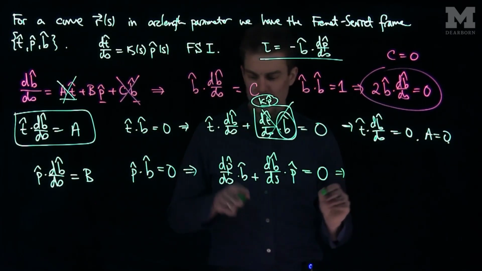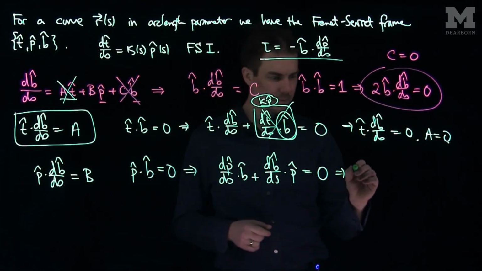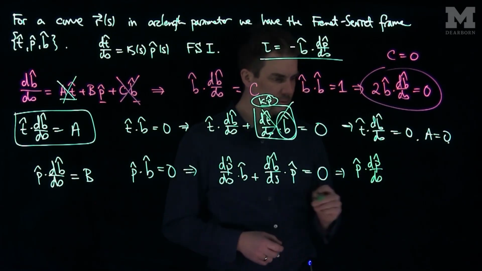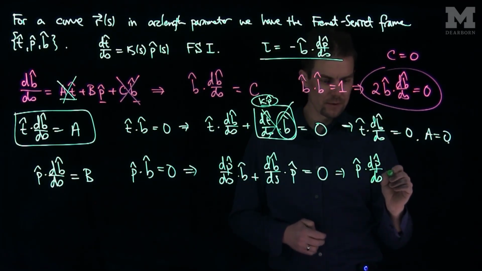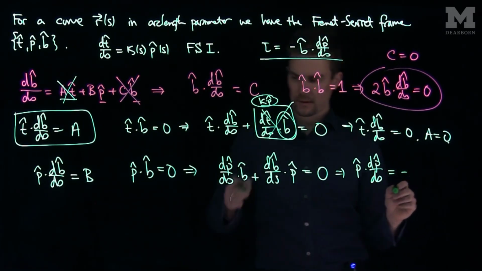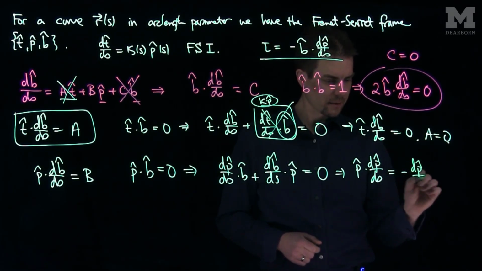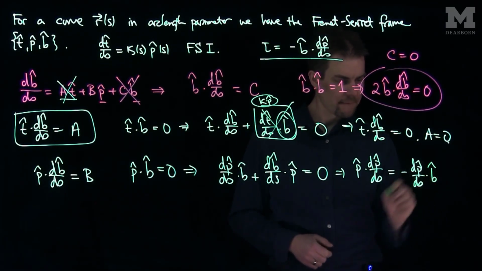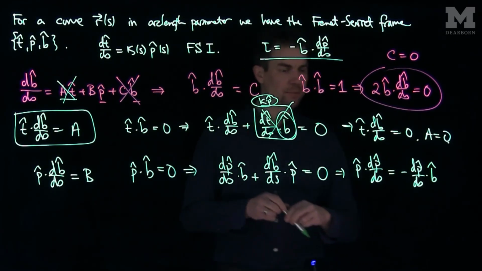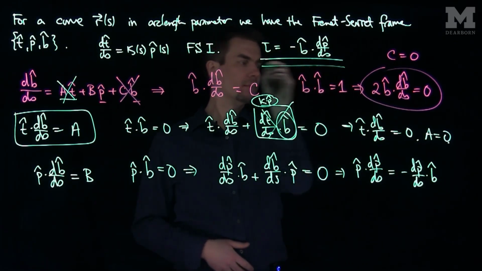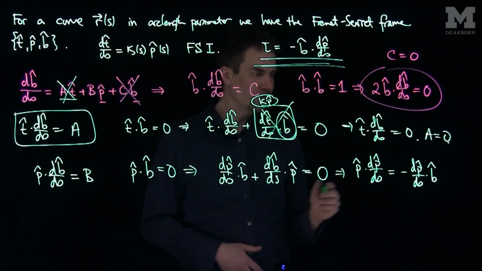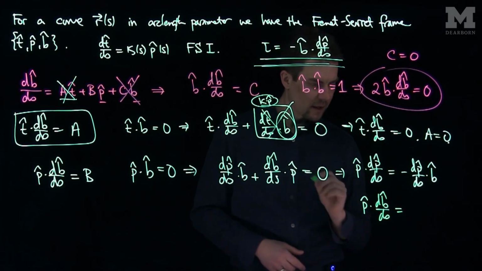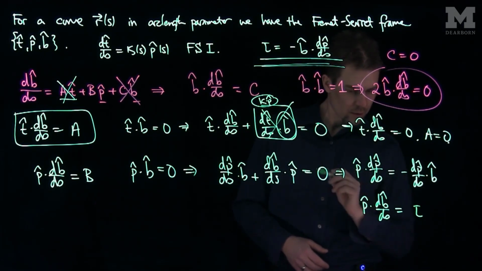And this allows me to conclude that p dot dB ds is equal to negative dP ds dot b. And now we see that this expression is exactly equal to the torsion. So we have p dot dB ds is equal to the torsion.